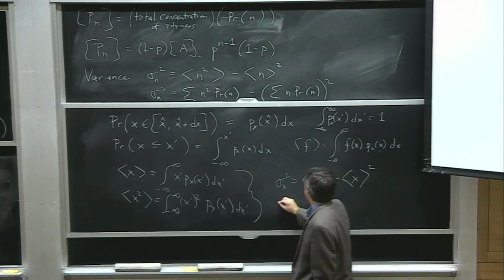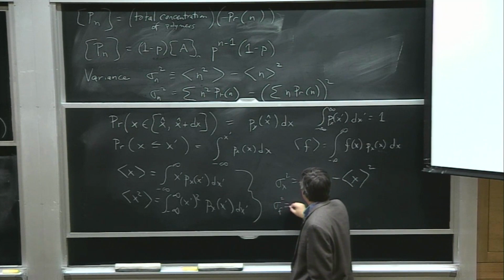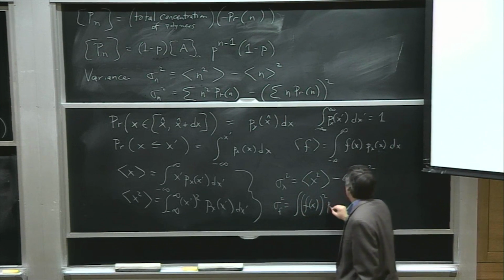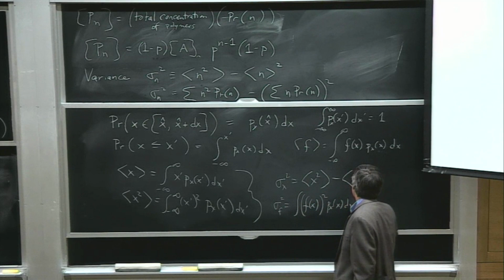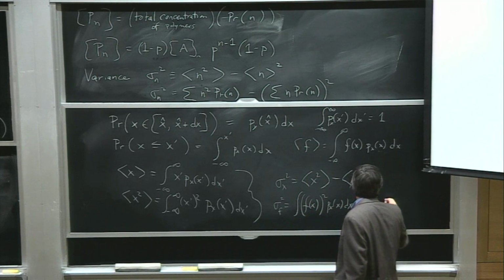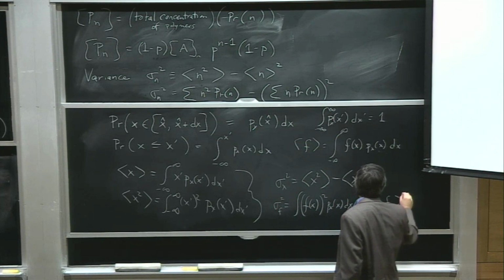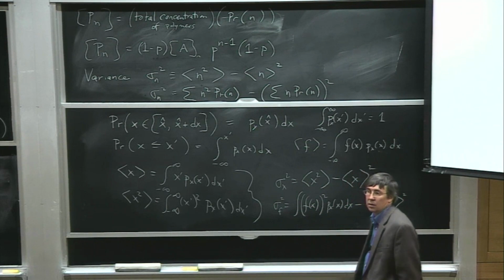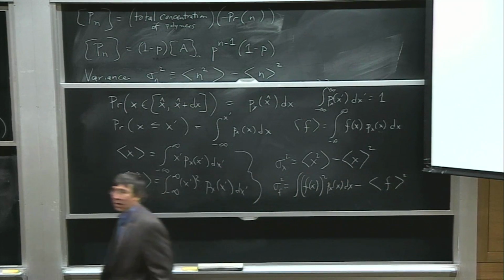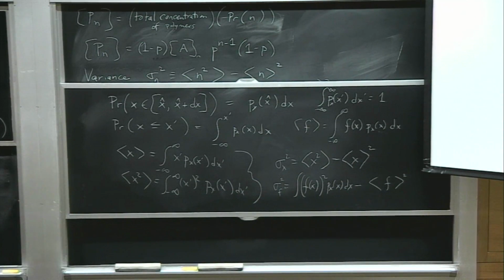And then you can get things like sigma_f squared is equal to the integral of f of x, that quantity squared, p_x of x dx, minus the average of f, squared. All right? Everything's okay? Yeah. All right.